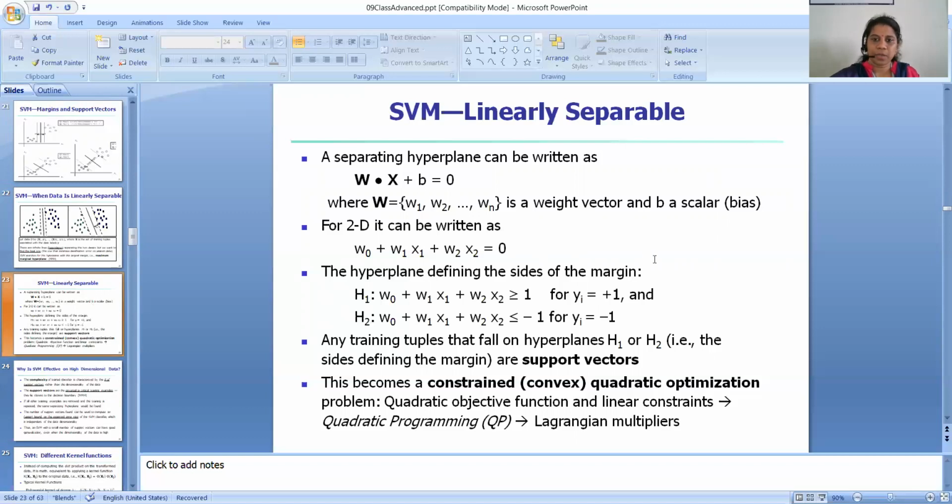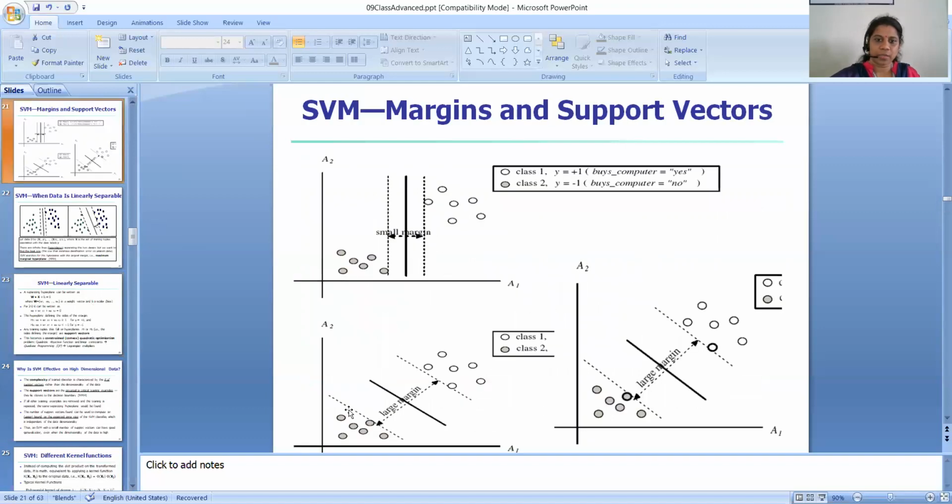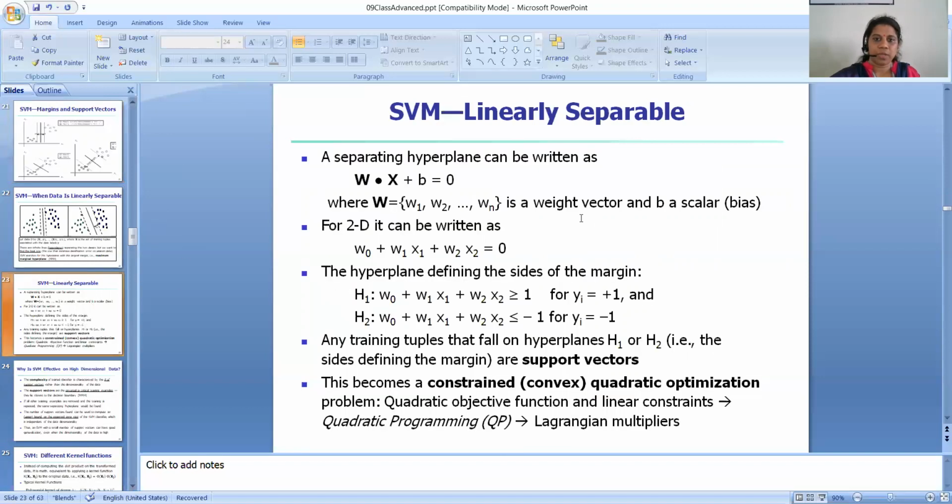Now the hyperplanes defining the sides of the margin: these two lines, this is one side of the margin and this is the other side. They can be represented as H1: w0 plus w1 x1 plus w2 x2 greater than or equal to 1 for yi equal to plus 1, and H2: w0 plus w1 x1 plus w2 x2 less than or equal to minus 1 for yi equal to minus 1.